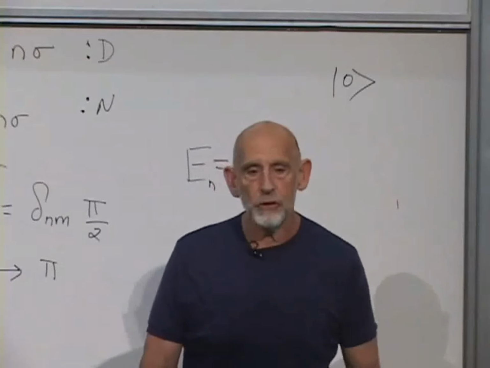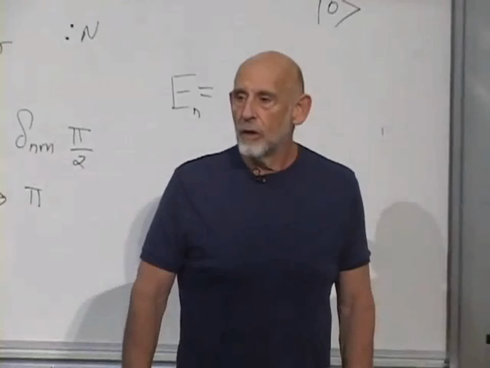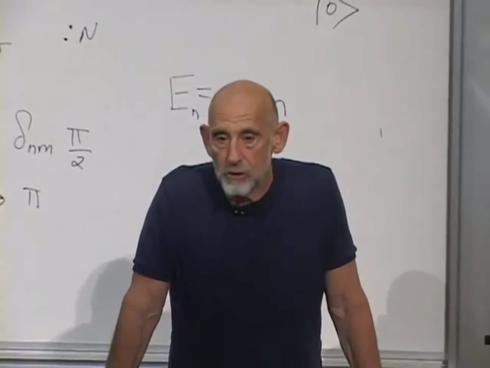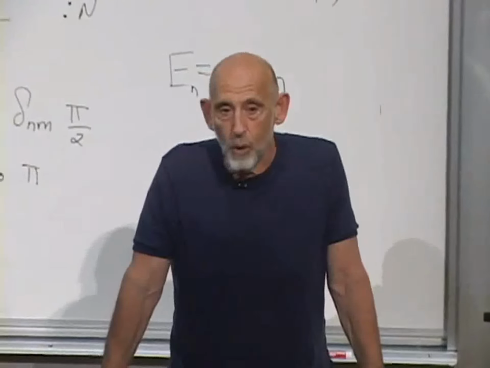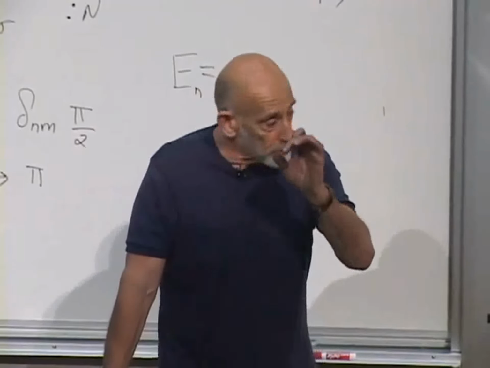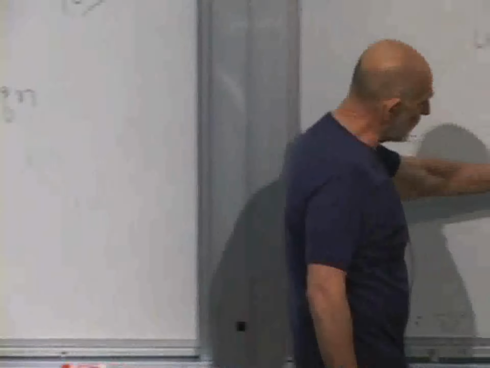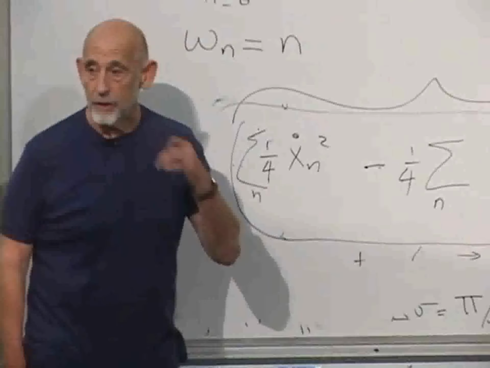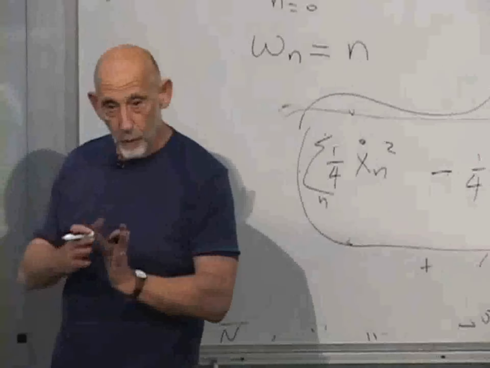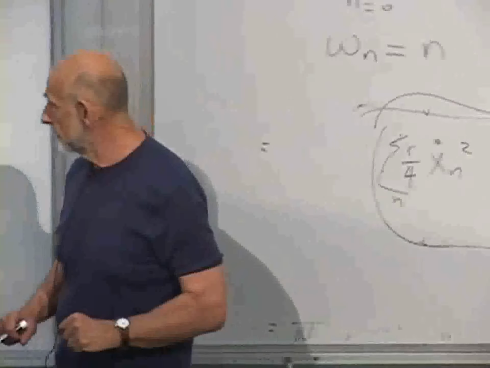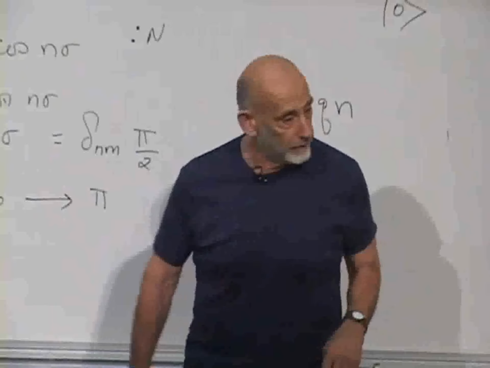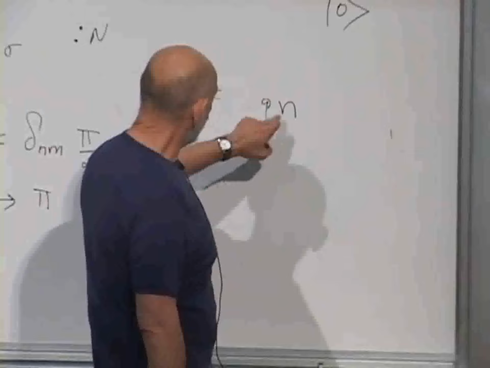All right, so what's the first excitation? You can excite either the x or y oscillator, the lowest oscillator, the n equals 1 oscillator. You can excite it one time. You can give it one quantum of energy. How much energy does it have then? q is 1, n is 1.